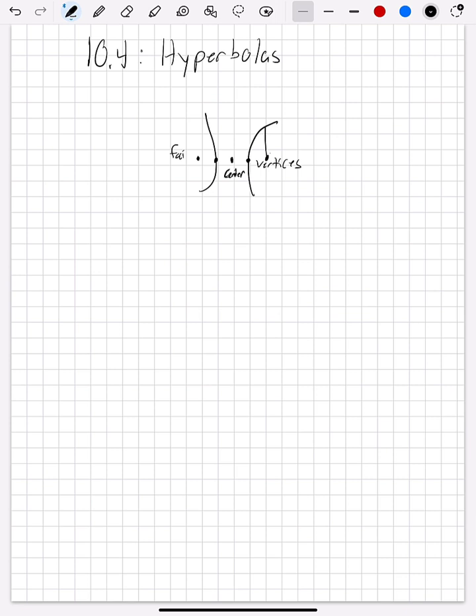If I come straight up to where I intersect the hyperbola and I come down, and I call this D2 and this D1, for all points the absolute value of the difference of the two distances is always constant. Okay, so that's just how that comes to be. It creates a right triangle, but that's where the focus or the foci come in, with the fixed points, and it's all the same distance.